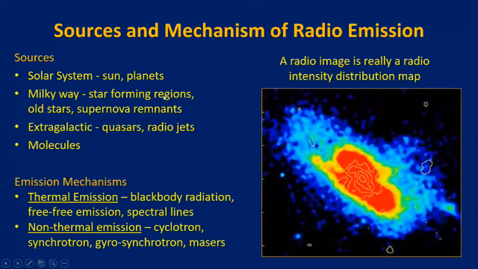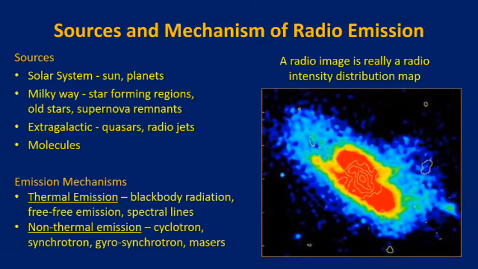The last slide on some basics of radio emission is, what are the sources? Well, you've got solar system sources: Jupiter-like planets, of course, the sun. The Milky Way itself is emitting radio waves.